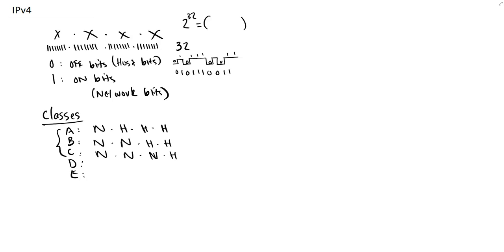If we pick the first one, N is network bits. For the ones, we will use N, and for zeros, we will use H, or small n, small h again. For class A, it is N, and then H, H, H. The N is all ones, 1 2 3 4 5 6 7 8, and the H is 0 0 0 0 0 0 0 0, 8 of them.